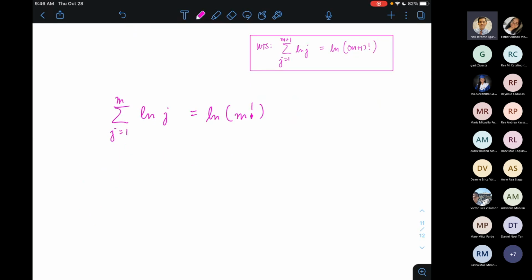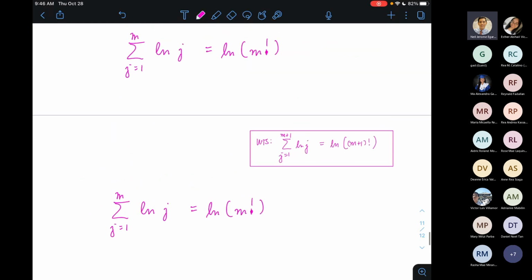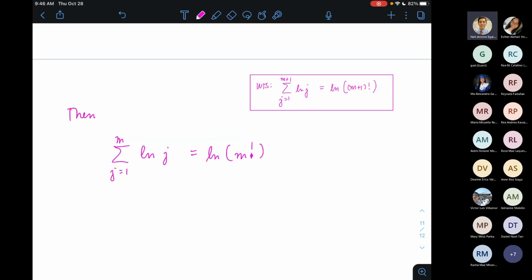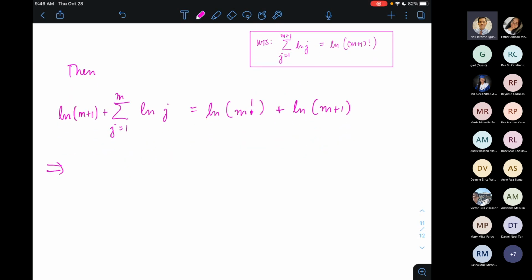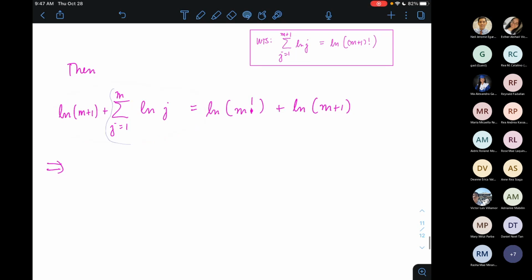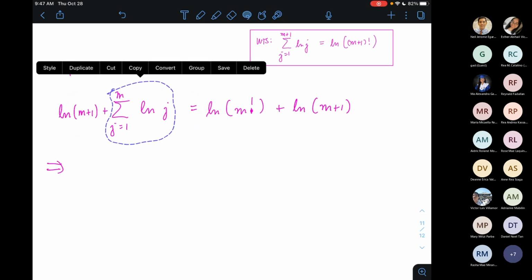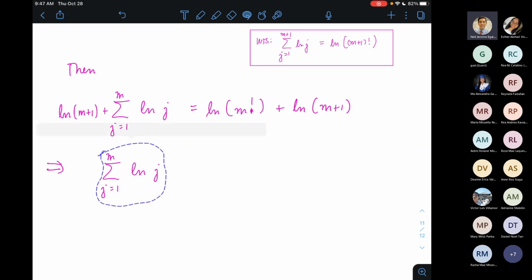So galing na pala to dun sa HOI. Then we can say na kung totoo yung HOI, pwede ako magdagdag dito ng ln ng m plus 1, which is perfectly fine because then, etong left-hand side ay magiging summation na lamang mula kay 1 hanggang kay m plus 1, right?